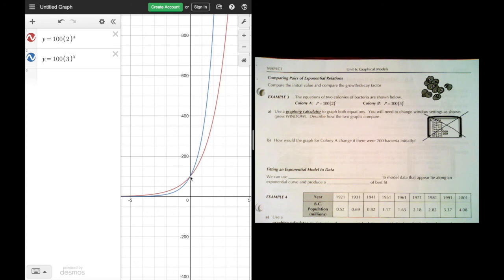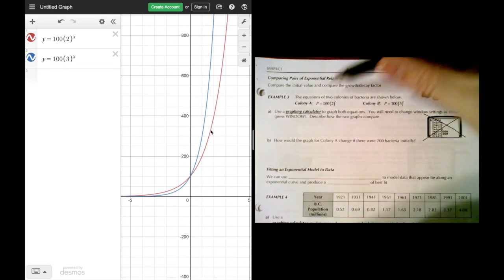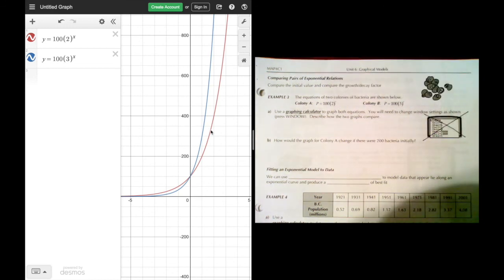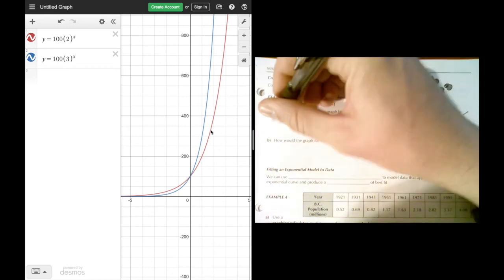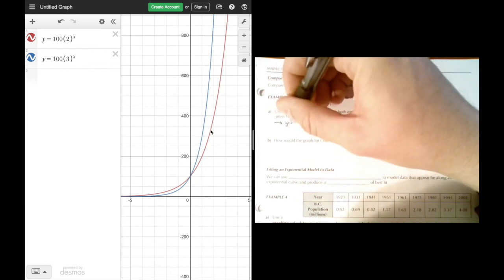So we can see they both start right here at 100, and y equals 100 times 3 to the x, the blue graph, is going up faster than the red graph. So that's what you're supposed to notice there. The growth rates are different. So the bases, 2 and 3, are the only different numbers. So we'll say growth rates different.